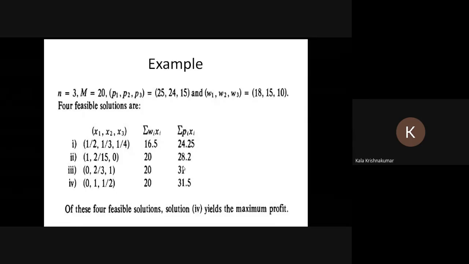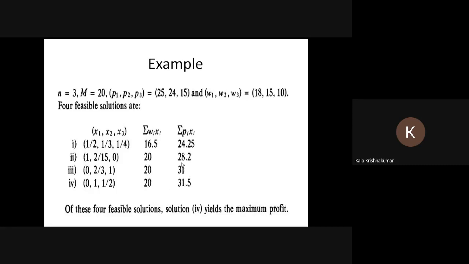So PI by WI, the second object will come first. You'll choose the second object fully, then half of the third object will be taken, and your knapsack will be full now, and you'll get a profit of 31.5.